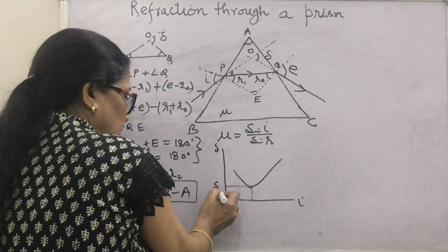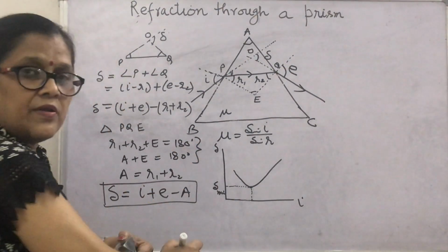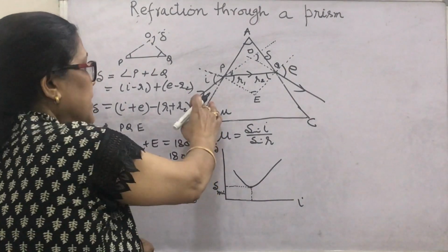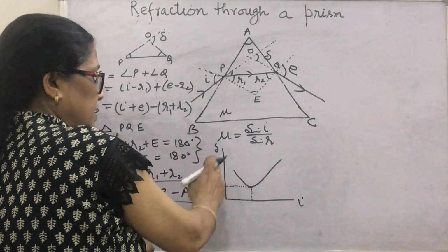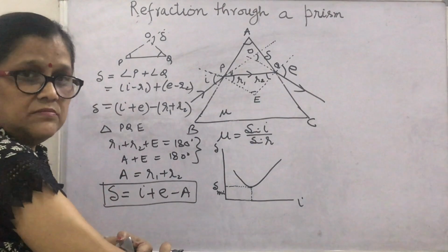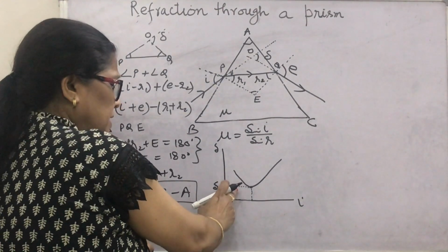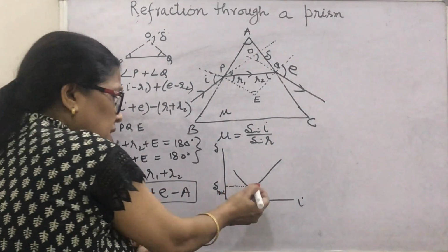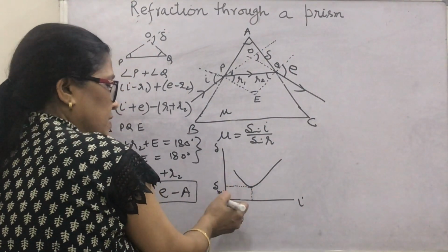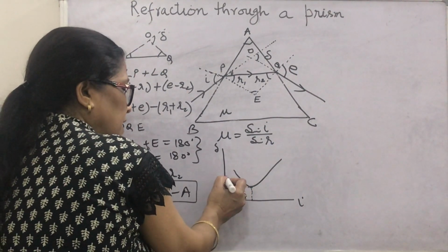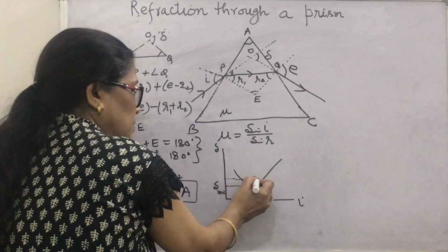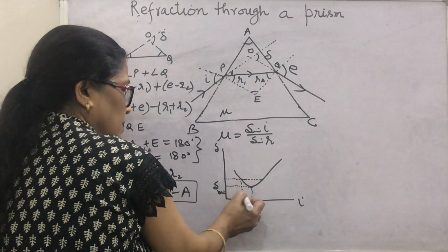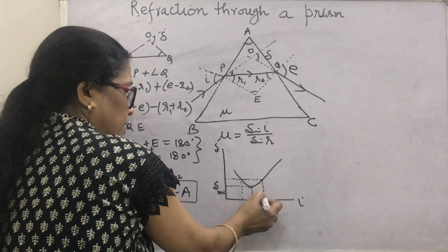This is called delta minimum. You have to find this value in experiments. For different angles of incidence, you find different angles of deviation. How to find this minimum deviation? By plotting the graph. Other than this value of I, you will see that there are two values of I corresponding to the same angle of deviation.